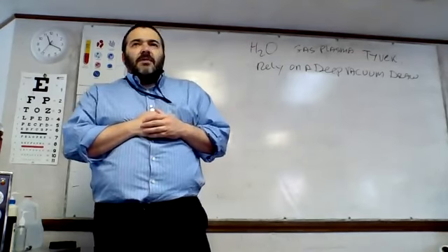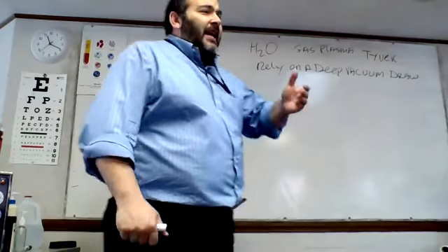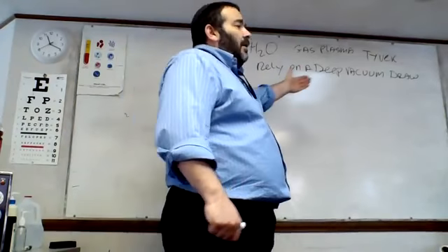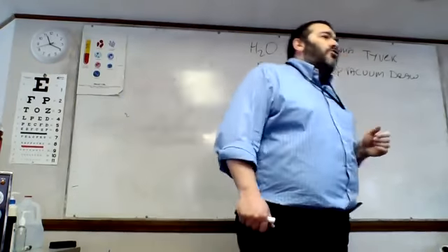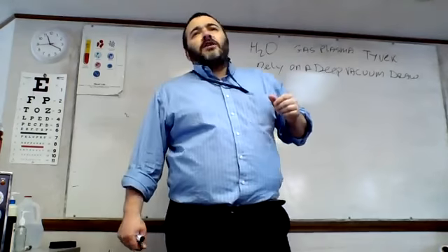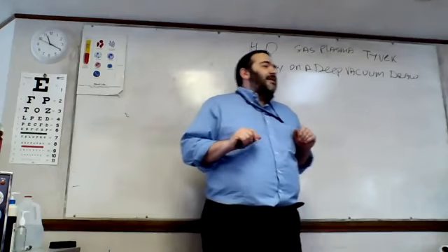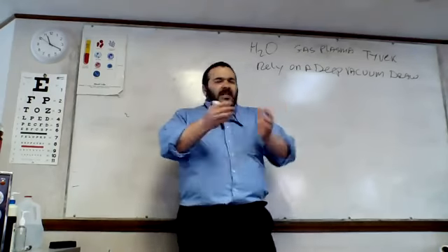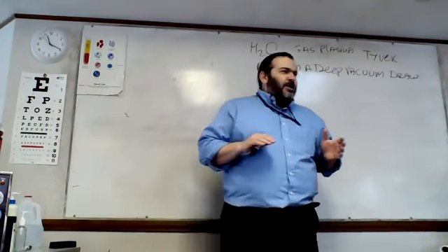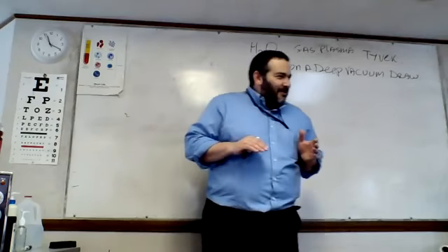Amazing. So H2O2, which has similar characteristics to water, relies on a deep vacuum draw. So first things first, let's say we load up our sterilizer with packages wrapped up in Tyvek wrap, with lots of space between the packages so they don't touch one another, right?